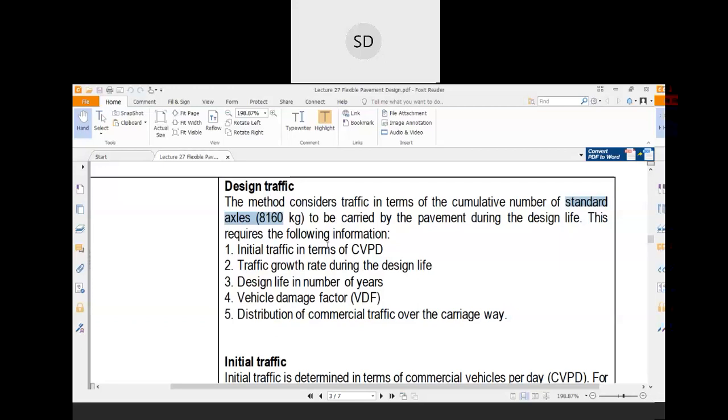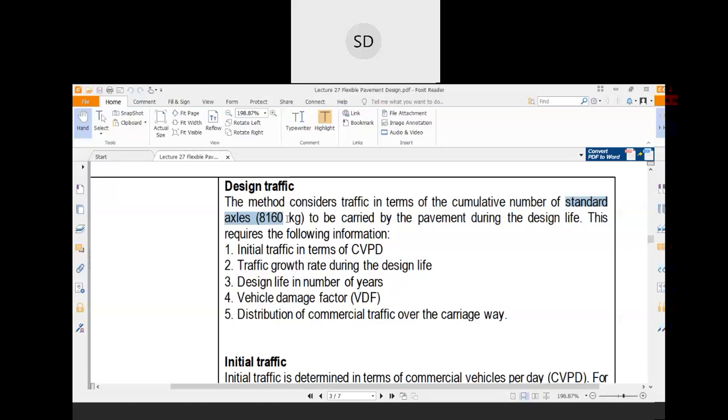So in that case, we need to convert all these loading values corresponding to a particular standard value, like the PCU concept. Okay, so this standard load is 8160 kg or nearly 8 tons. Okay, so this is the cumulative number of standard axles.